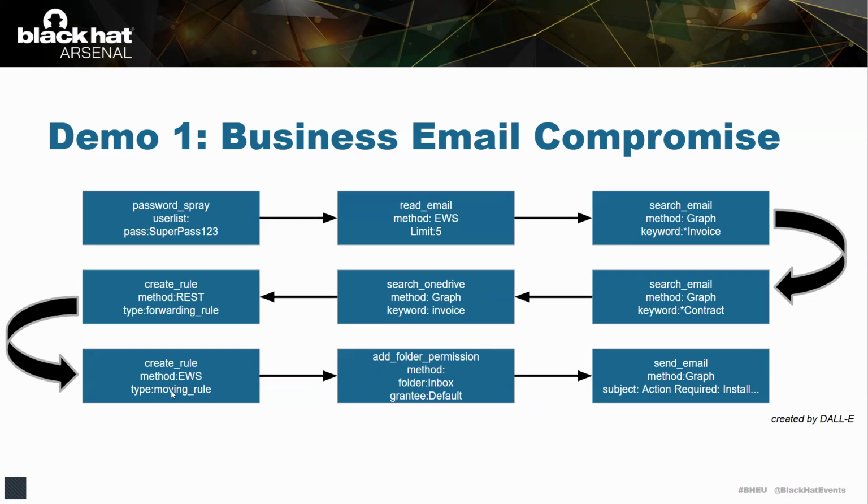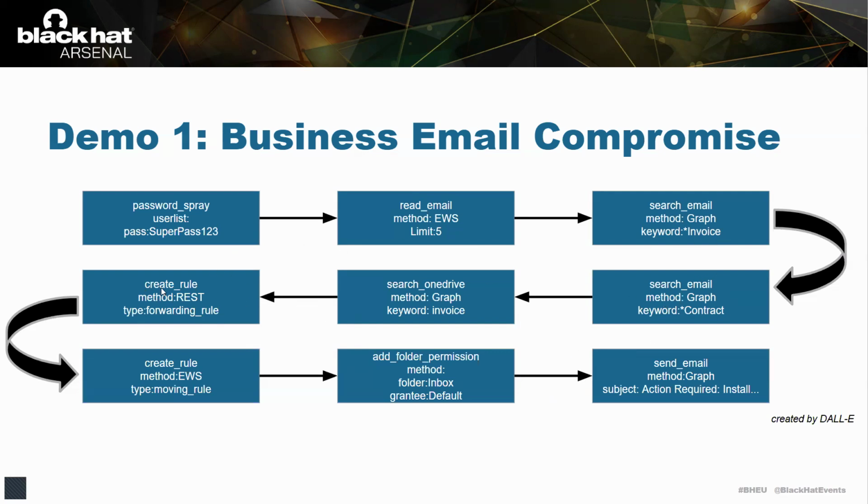And this is the same playbook, but as you can see, it has more details. So it has some of the parameters that we're going to submit to the playbook. For example, when we read email, we're actually going to use the EWS method, so using Exchange Web Services. When we search emails, we're going to be using the Graph, and we're going to use this keyword to search.